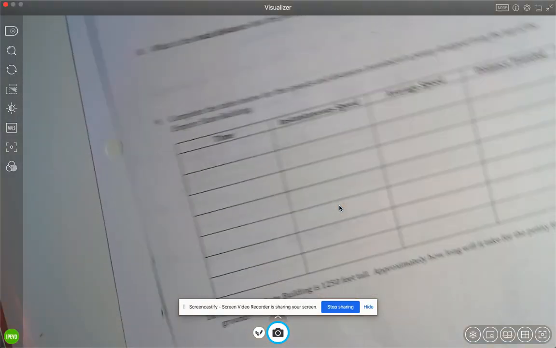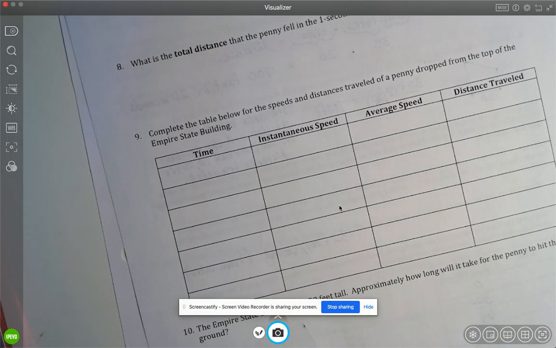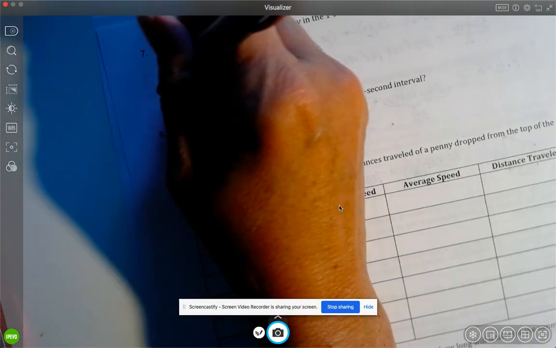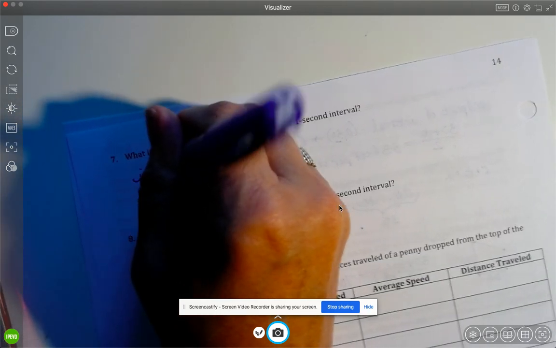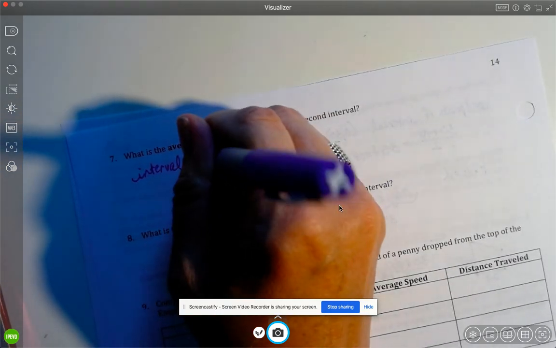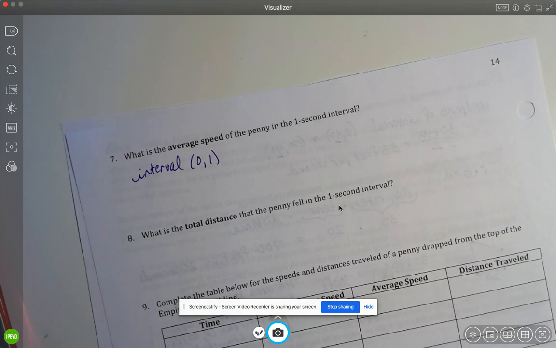It says, what is the average speed of the penny in the 1 second interval? Well, same thing. We have an interval. The interval is 0 to 1, right? That's the 1 second interval.